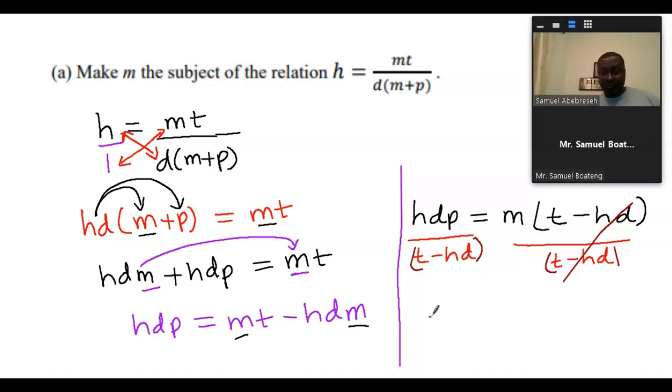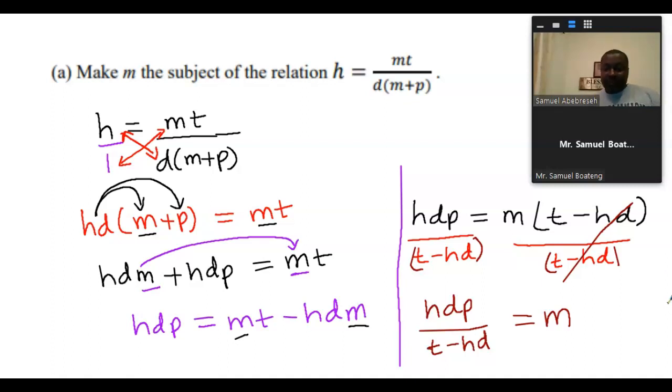So on the left-hand side, we have hdp at the numerator over t minus hd, which is equal to m. So care must be taken when you are doing the cancellation.